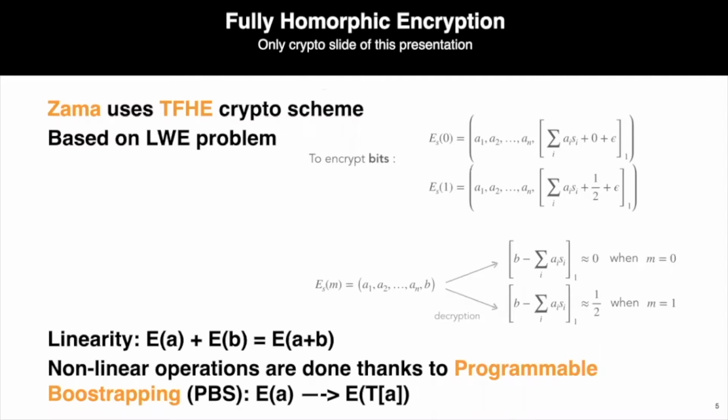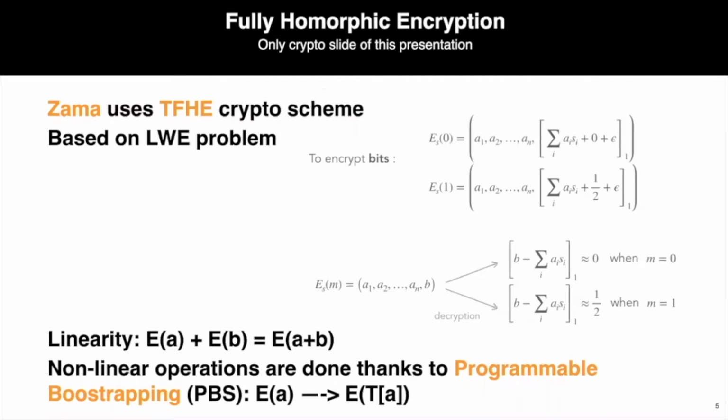When you want to decrypt a message, with the mask a_i and the body b, you just have to compute the dot product of a_i with s_i, your private key. You then compute b minus this dot product and reduce modulo 1.